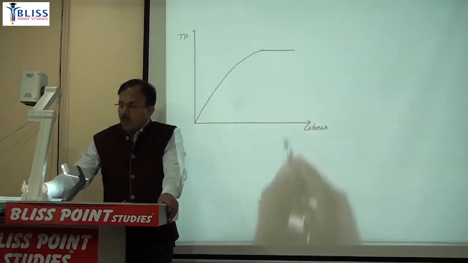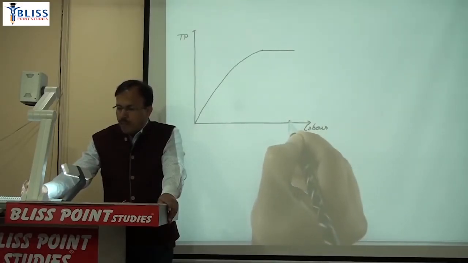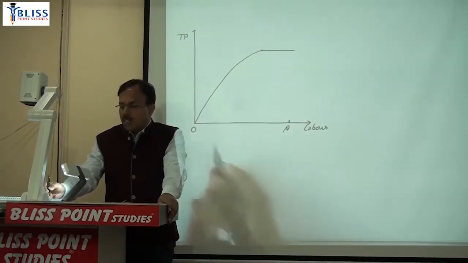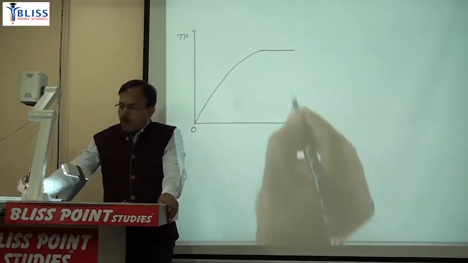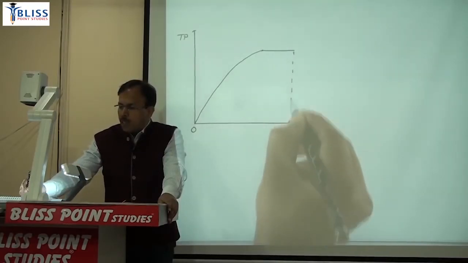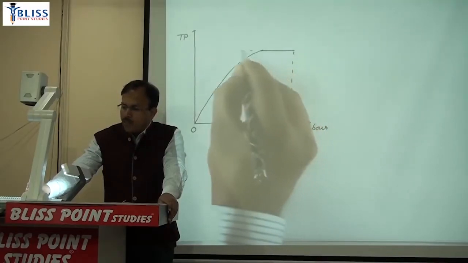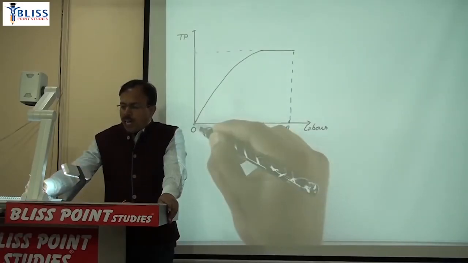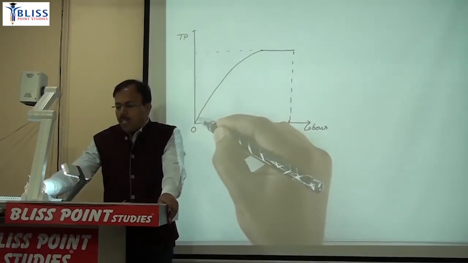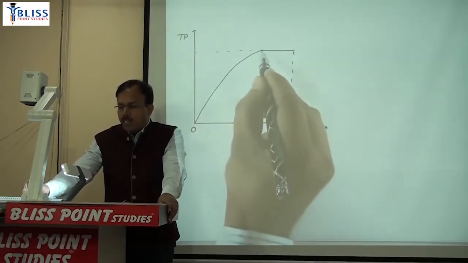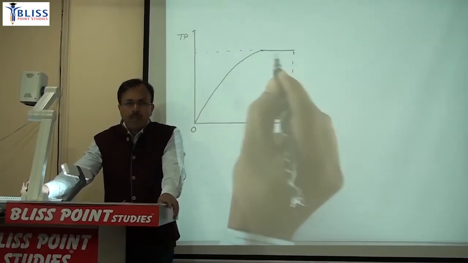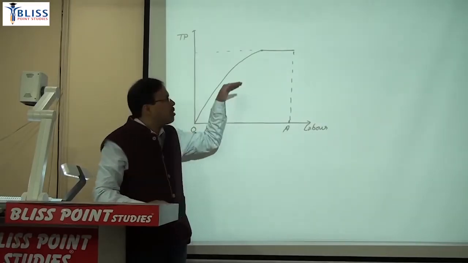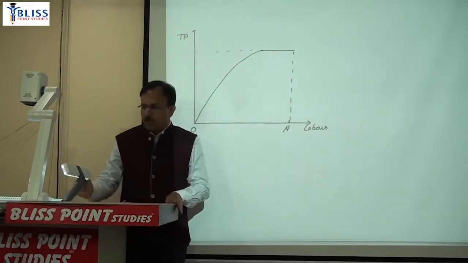Suppose to begin with, labor in agriculture is 0 to A. Corresponding to that A, the total production will be determined from this point. Now as total product increases, remember it is increasing at a decreasing rate, and after reaching a maximum point it becomes stable. It basically means that if total product becomes constant, marginal productivity of labor is 0.